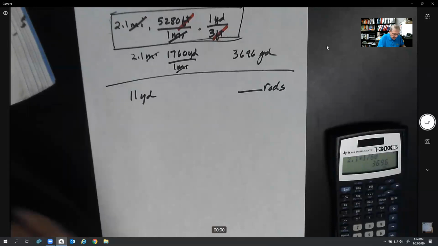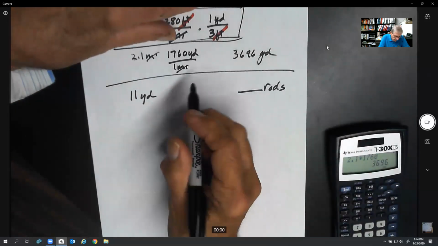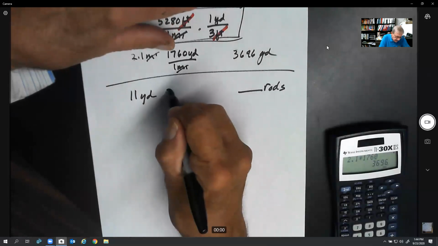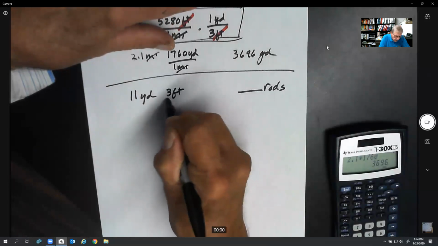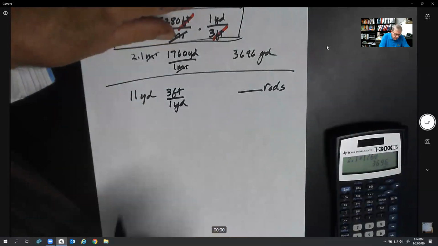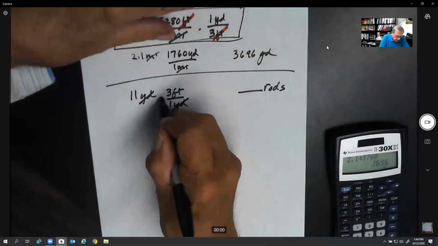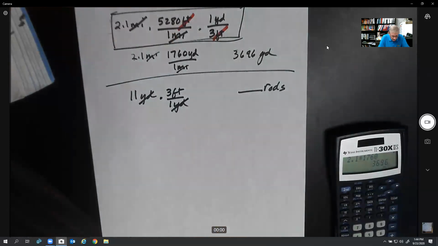So how's that going to help us? Well, what do I know about feet? 3 feet equal 1 yard. So here the yards cancel out, and I get 33 feet if I multiply that out. Now I want to change that to rods.